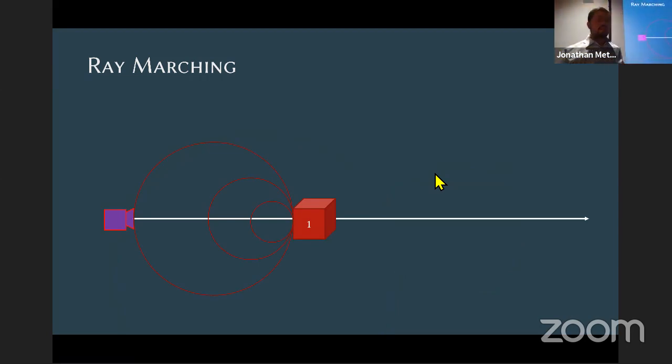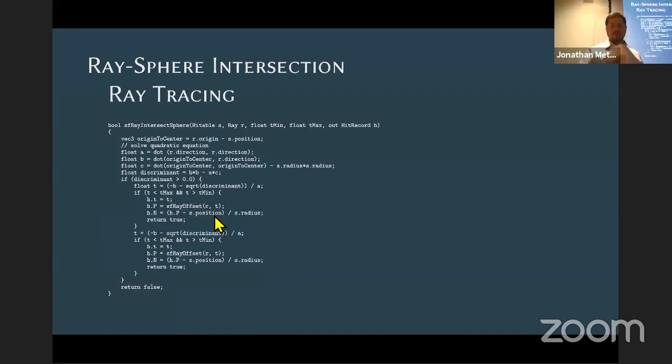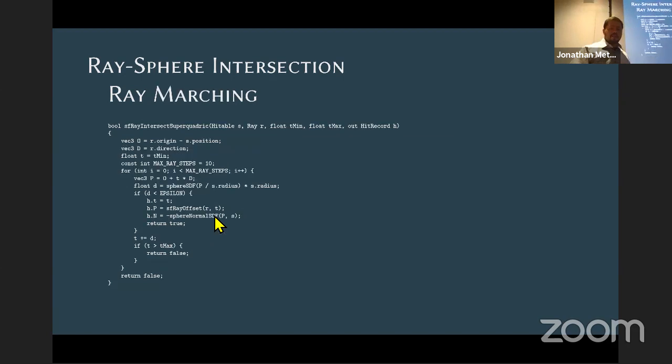Just to reiterate, with ray marching, we basically march in these big steps until we get to our object. So here is some comparison code. This is code if you want to do the quadratic equation, and this is code with the sphere. We've got to fix that.